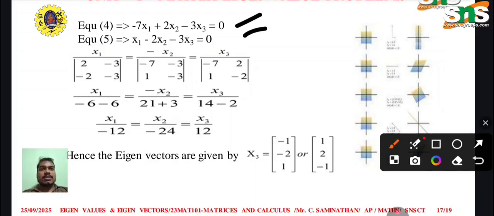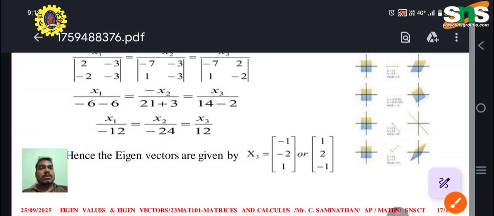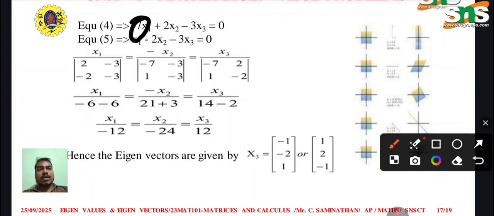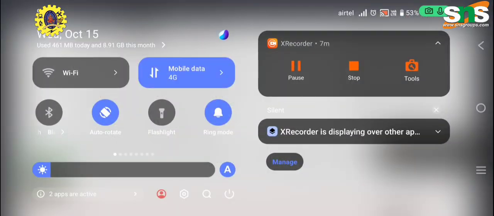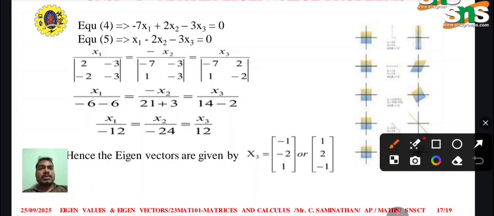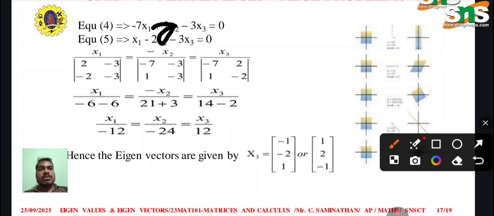Considering these two equations, to find x1 we hide the x1 column and find the determinant of the other values.